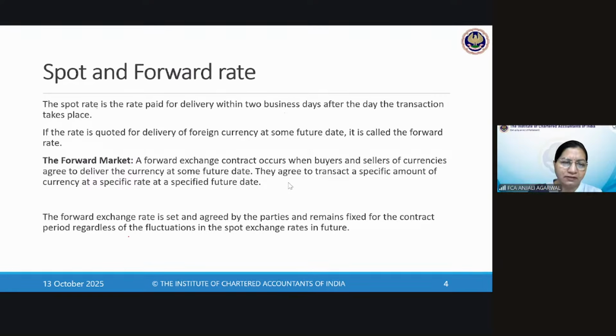Supposing the USD price was agreed at 88.90 after 3 months.